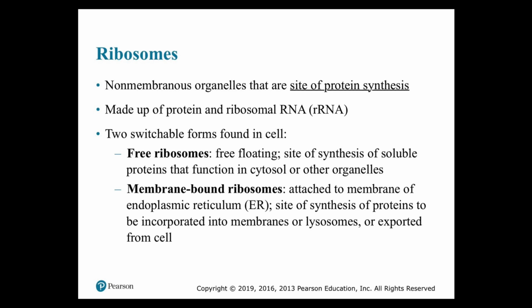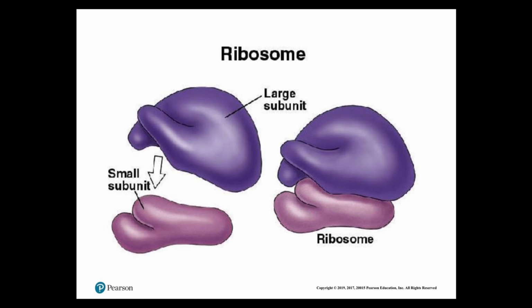They are the site of synthesis of proteins that will be incorporated into membranes or lysosomes or for exocytosis from the cell. A ribosome is made up of two subunits, a large subunit and a small subunit, as we can see in this figure.